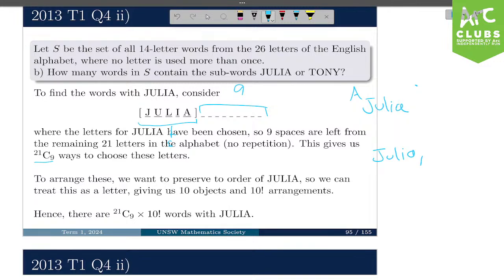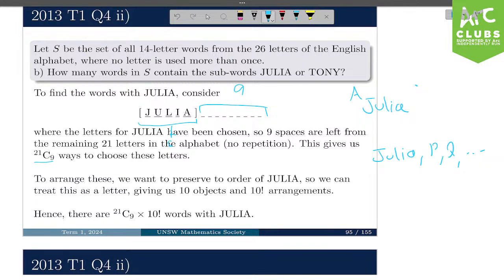We consider our objects as Julia and then our other letters, so let's say P, Q, and so on. Since there will be 10 of these objects and we can order them in any way, there will be 10 factorial different arrangements of our quote unquote letters. By multiplying these, we have 21 C 9 ways to choose our letters and 10 factorial ways to arrange them, which gives us 21 C 9 times 10 factorial words which contain Julia.